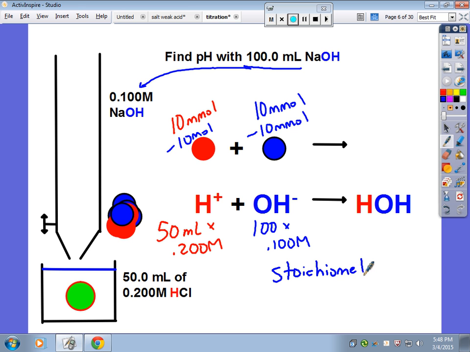I shouldn't be writing this in blue because that's signifying bases or whatever, but that's a stoichiometric point, or the equivalence point. And at this point, all I have in my container, I have no OH, I have no H+. All I have is Na and Cl and water.